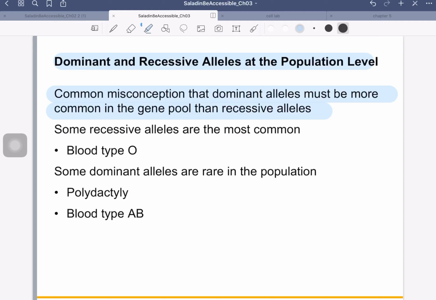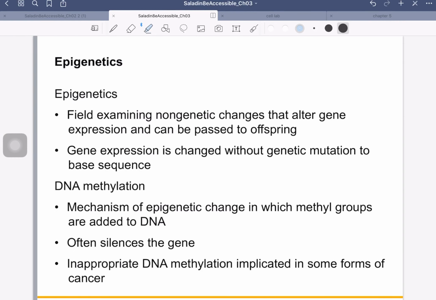Dominant and recessive alleles just describe their influence on a phenotype, not the percentage of the population that has that given allele. Some examples are polydactyly. Polydactyly refers to extra fingers or toes. And we can also see that in blood grouping. But once again, as I said, we haven't really done that, so we're not going to spend much time.